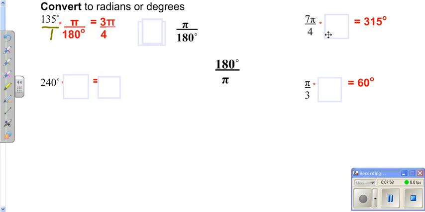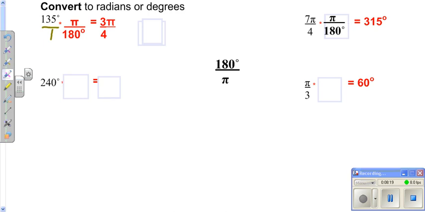So let's take a look at this one here. We want to end up with degrees. Suppose we started out with this one here. We want to end up with degrees in our final answer. Notice this is really over 1, so we have degrees on the top. However, when you look at this one here, we have degrees on the bottom.